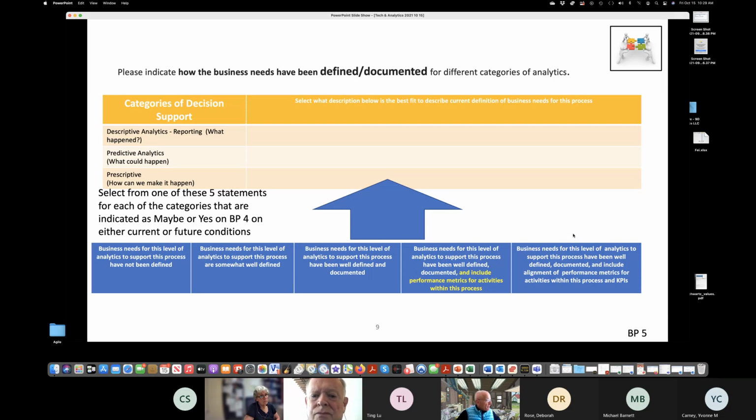So for example, the business needs for this level of analytics have not been defined. We don't have requirements for this. Maybe you want to do it, but you don't really have business requirements. Then, okay, we have thought about it, we started on it, all the way to level 5, which is, okay, we have it defined and documented. It includes alignment of the performance metrics for these activities within this process and the overall KPIs, to just get a sense of where you start your journey.